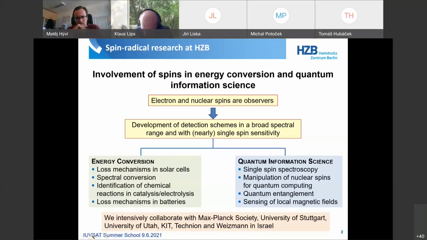And today, I would like to talk only about a single topic, and that topic is going to be loss mechanisms in solar cells. I will talk about this topic only because I just want to give you an example of how an electron or a nuclear spin can be used as an observer. You read out that information.